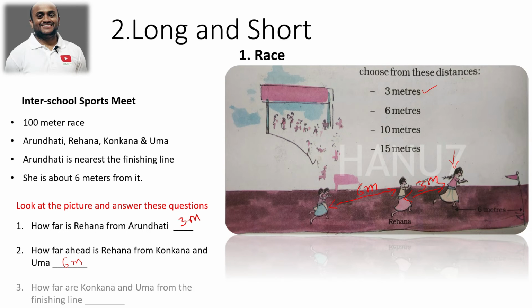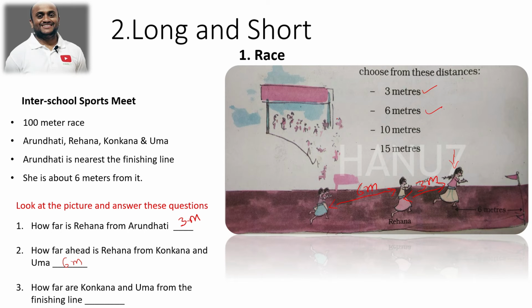Okay, and the last question is, how far are Konkana and Huma from the finishing line? From the finishing line, how far are they? Up to the finishing line, Arundhati is 6 meters, Rahana is 3 meters, so I have to write 6 meters here.